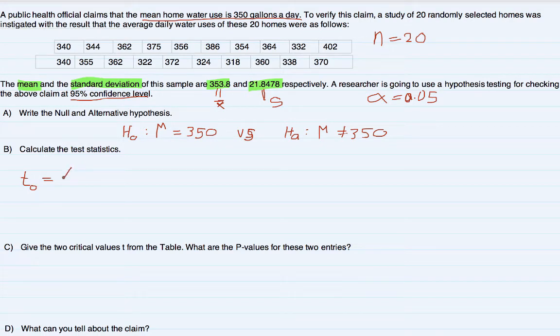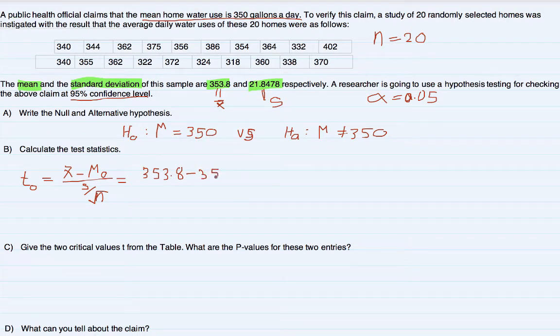So what is the T naught? T naught equals x bar minus mu naught divided by s over root n. We know all the information here. X bar equals 353.8. What is mu naught? Mu naught is the mu value under H naught, which is here 350.